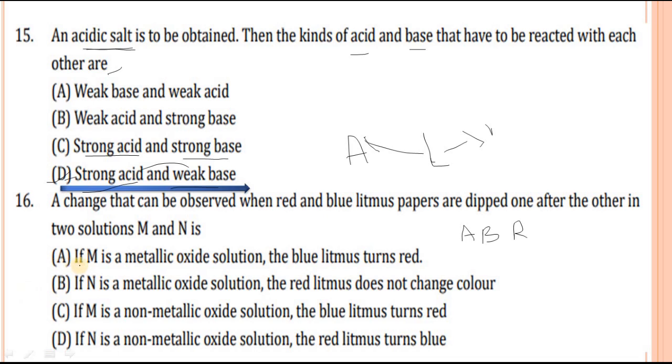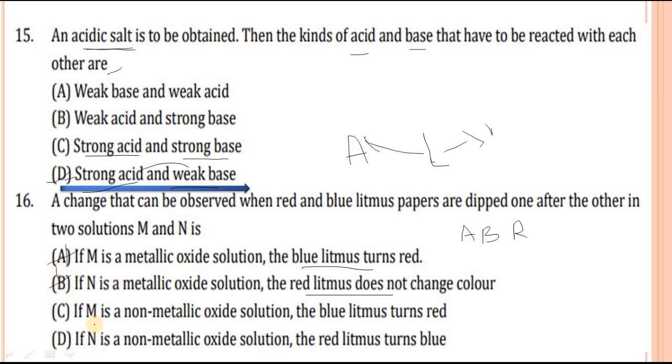If you see option A, M is metallic oxide. Metallic oxide means it is basic in nature. So here red will be converted into blue, but blue litmus turns into red is given, so this will be the wrong answer. If you see B, N is metallic oxide, again it is basic in nature, but red litmus does not change color, so this will be the wrong answer.